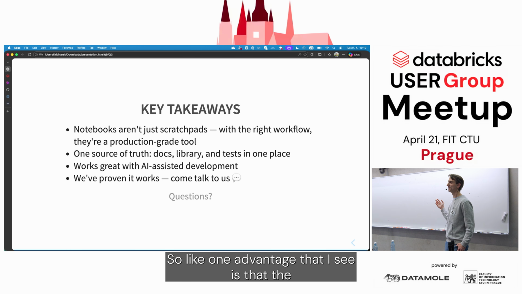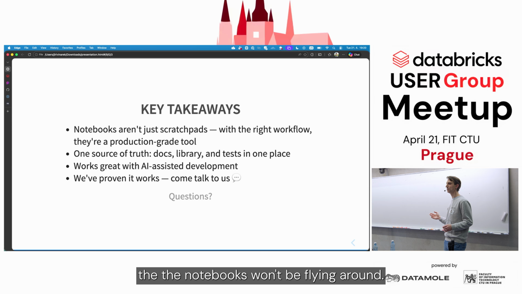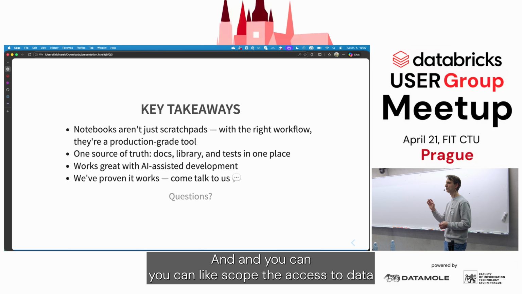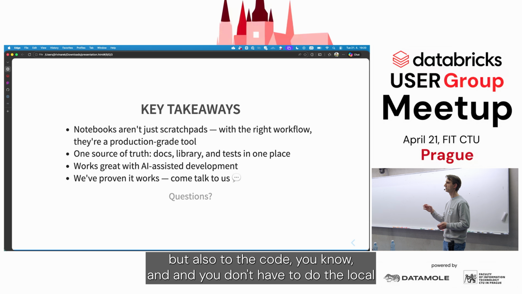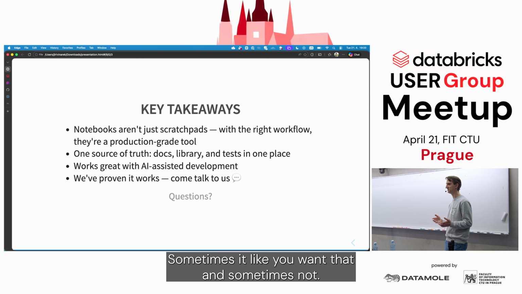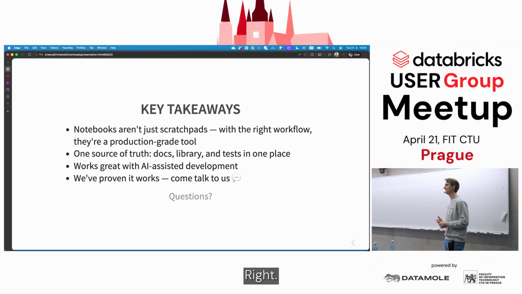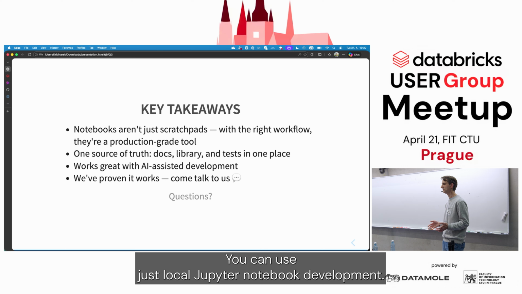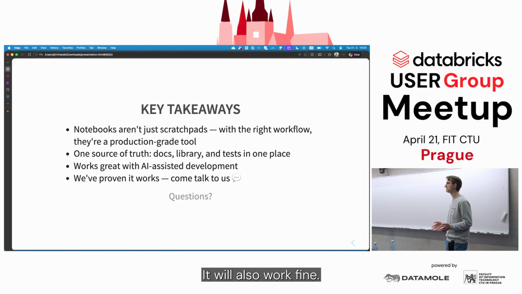So one advantage that I see is that the notebooks won't be flying around. You can scope the access to data, but also to the code, and you don't have to do local development. Sometimes you want that, and sometimes not. But this is not Databricks specific. You can use just local Jupyter Notebook development. It will also work fine.